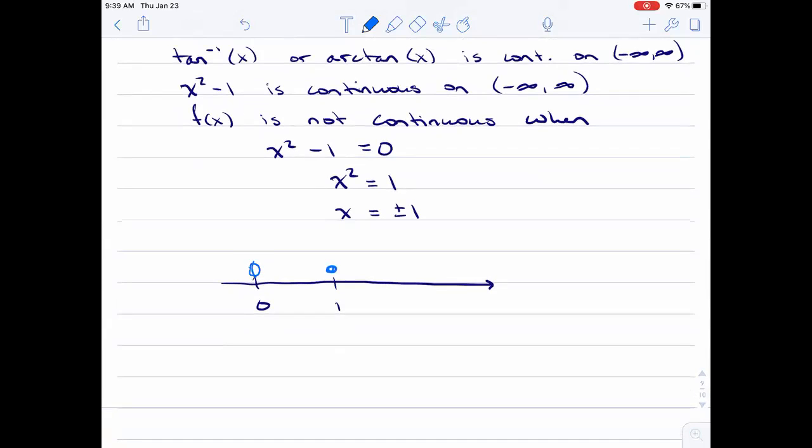Not including 0. Didn't need to be such a big circle.